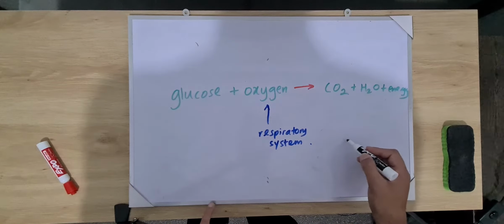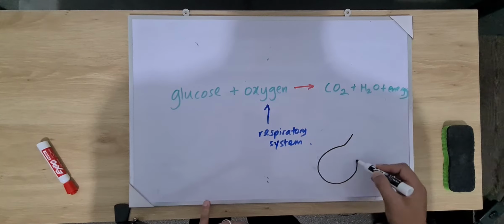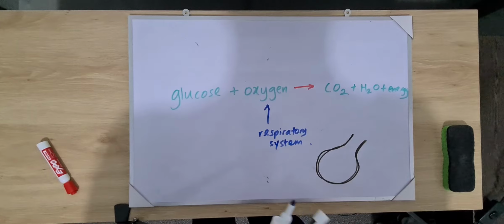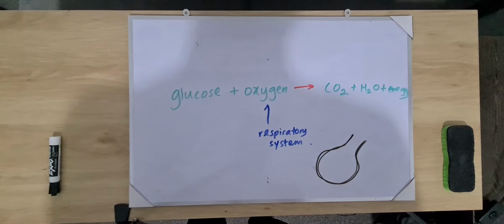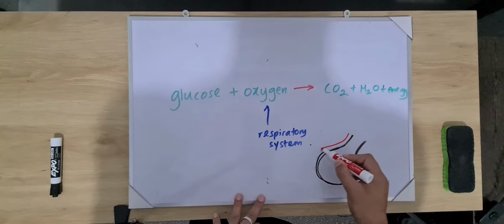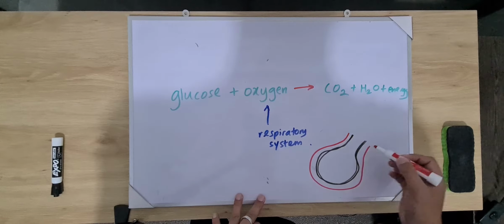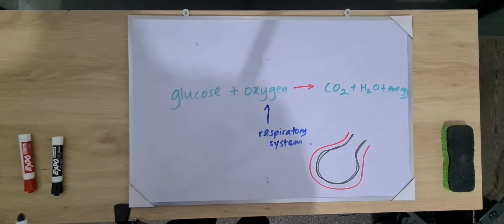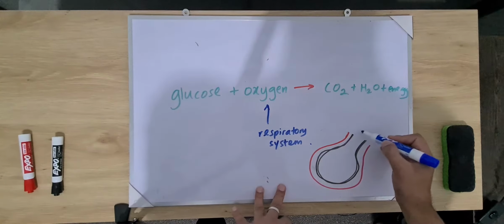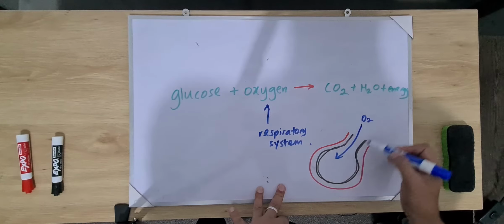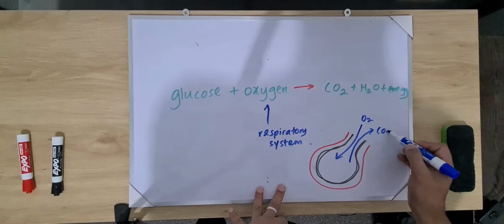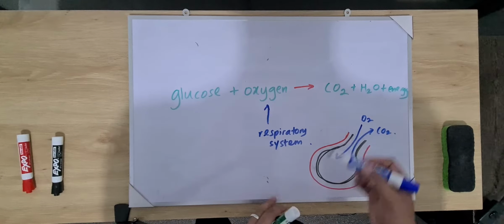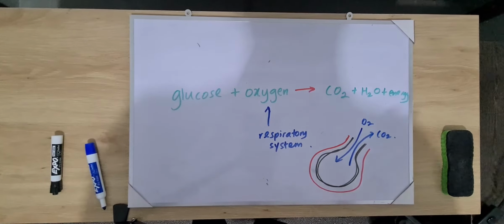And if we zoom into our lungs, we've got our alveoli, which are shaped like circles. And as we discussed today, we've got blood capillaries surrounding our alveoli, which is part of our circulatory system. So we've got oxygen coming in, carbon dioxide exiting, and through diffusion, our bloodstream, which is arriving in this location, is carrying the CO2.